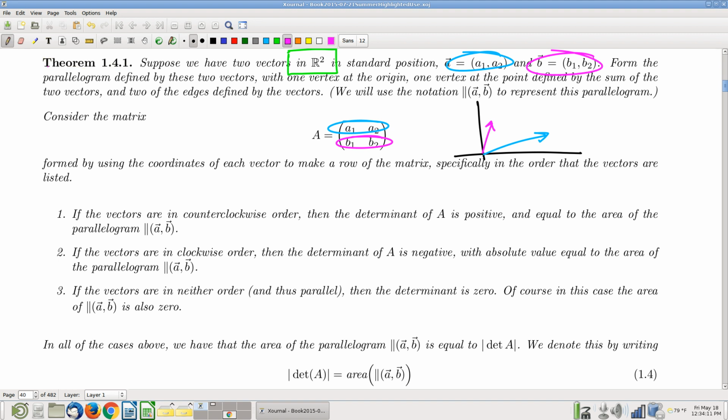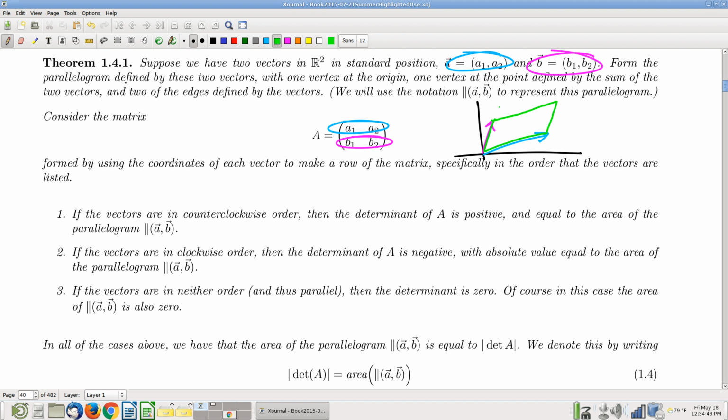Now, here's another thing that I can generate with that pair of vectors: the corresponding parallelogram in R2. Given a couple of vectors in R2, you can make a matrix out of them, and you can make a parallelogram out of them. And the amazing thing is that the matrix and the parallelogram are related very strongly by way of the determinant.